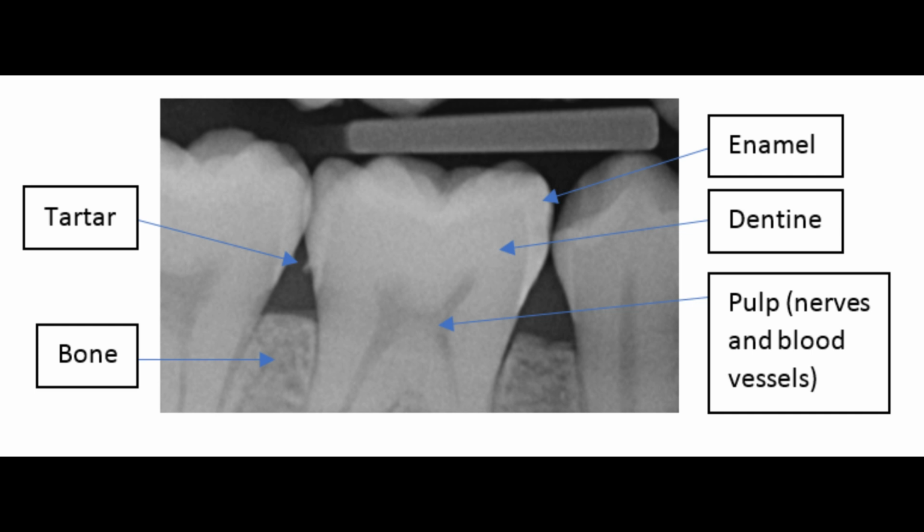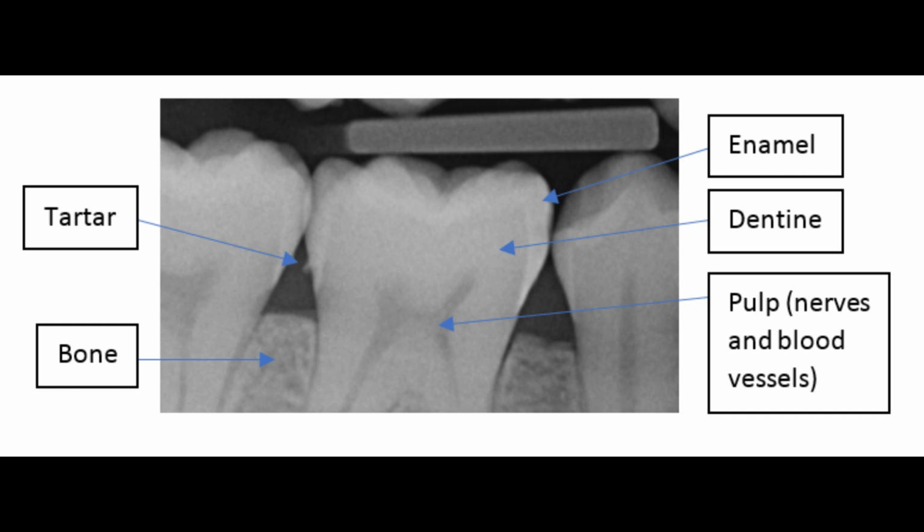We can see those often on x-rays, and we tend to just watch and monitor them. But if the bacteria breaks through the enamel and causes an actual cavity into the dentin, again, a restoration is needed.